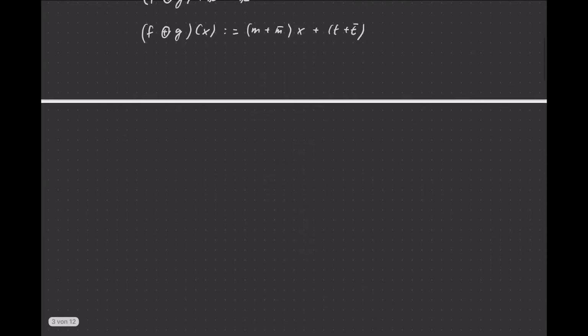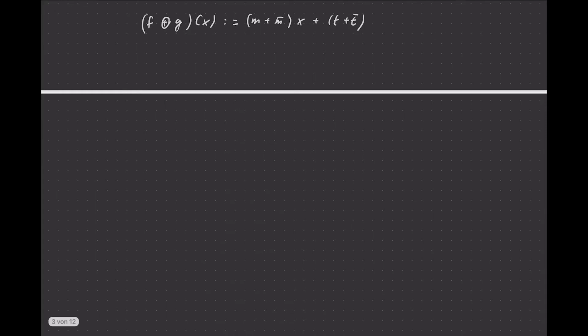And now, of course, we have to look whether the axioms of vector spaces are actually fulfilled here. The first axiom is the neutral element. So is there a neutral element with respect to this operation? And that neutral element is then also a function, of course.